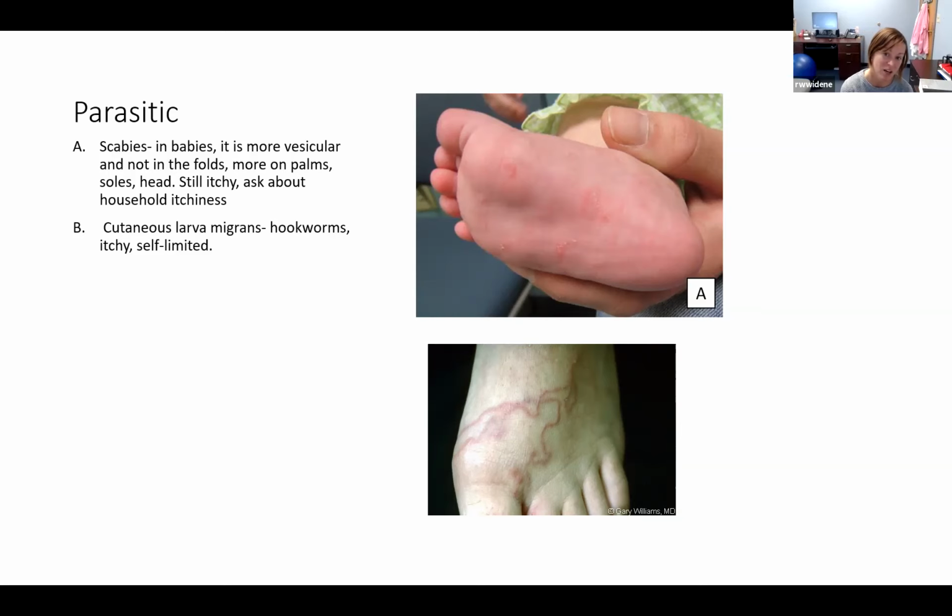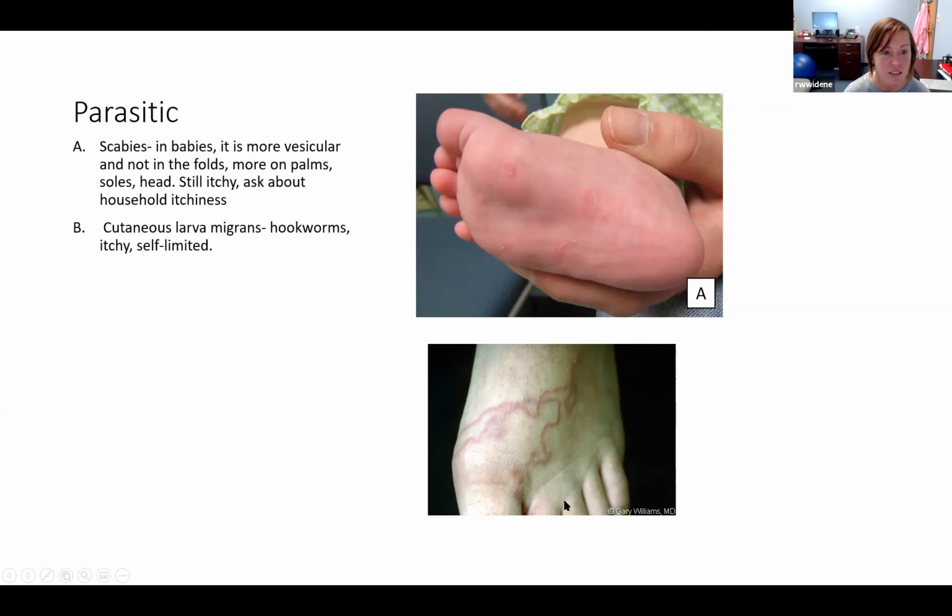I'm sitting there talking with mom, and I'm watching mom sitting there itching as I'm taking a history. I said, Mom, what's going on with your itching? She's like, oh, I've got scabies on my hand and it won't go away. I was like, oh, I think that's our diagnosis. So we treated the whole family and they did fine. So just remember, scabies in babies looks different.